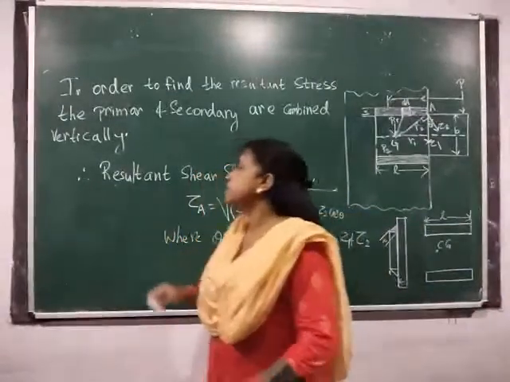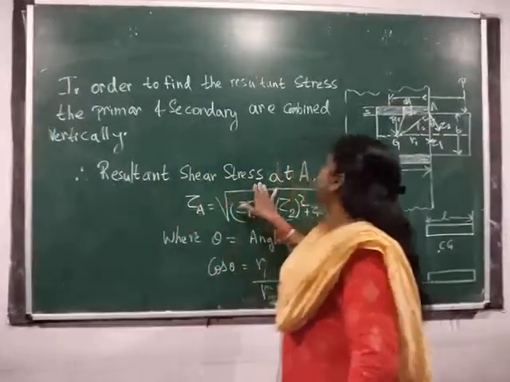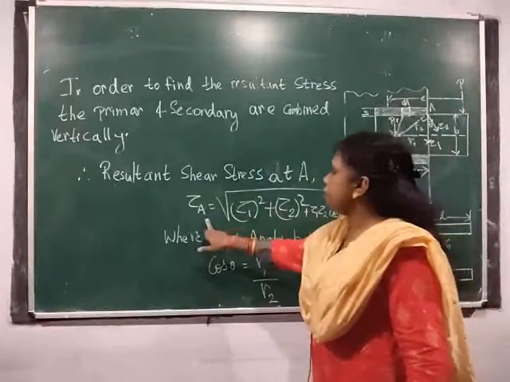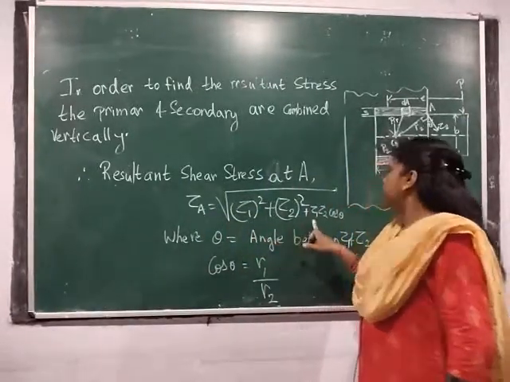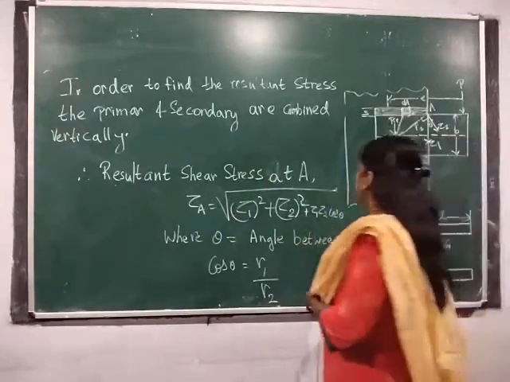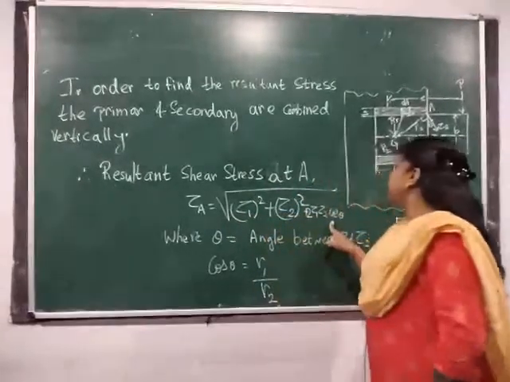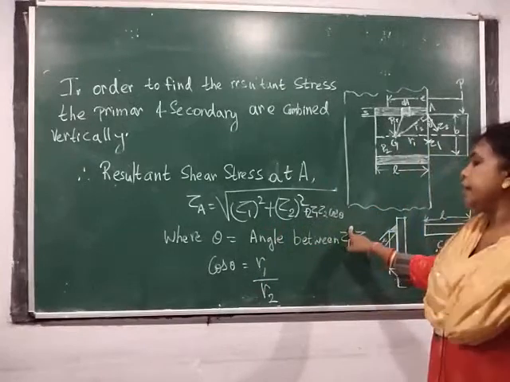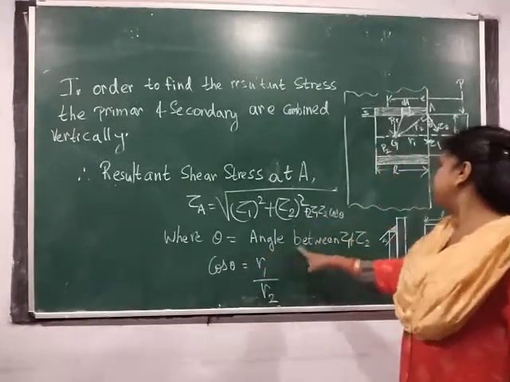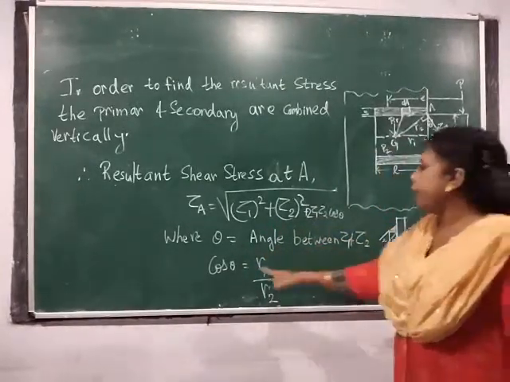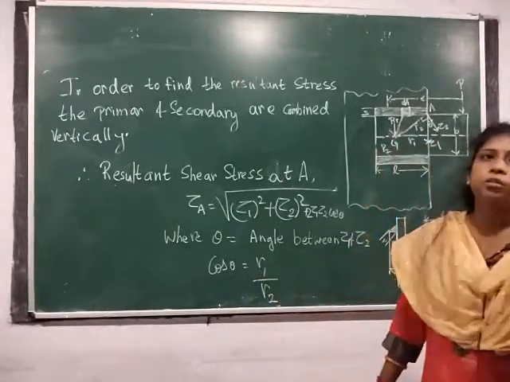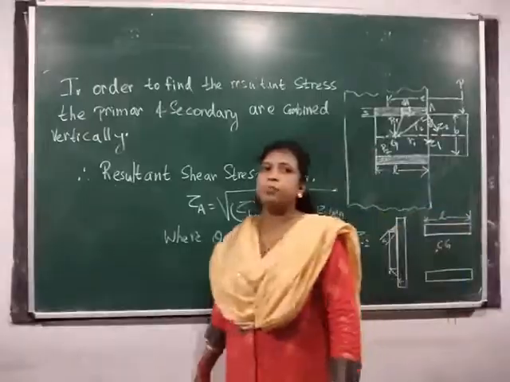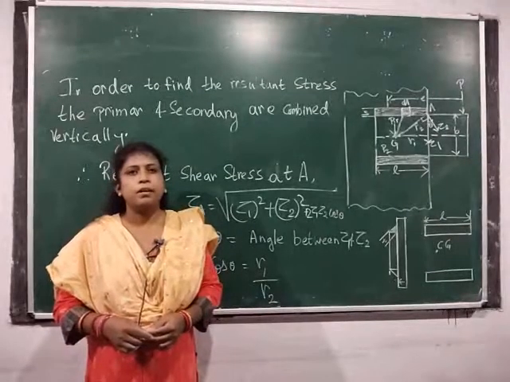So here the resultant shear stress at A can be written as tau A, that is the square root of tau 1 square plus tau 2 square plus 2 tau 1 tau 2 cos theta. Theta is the angle between tau 1 and tau 2, and cos theta is equal to R1 divided by R2. This completes your class. Thank you.